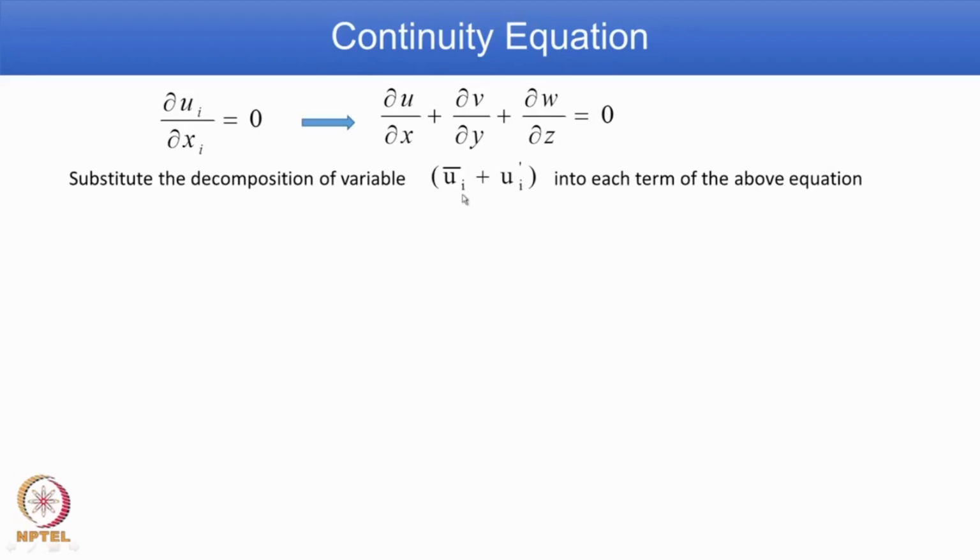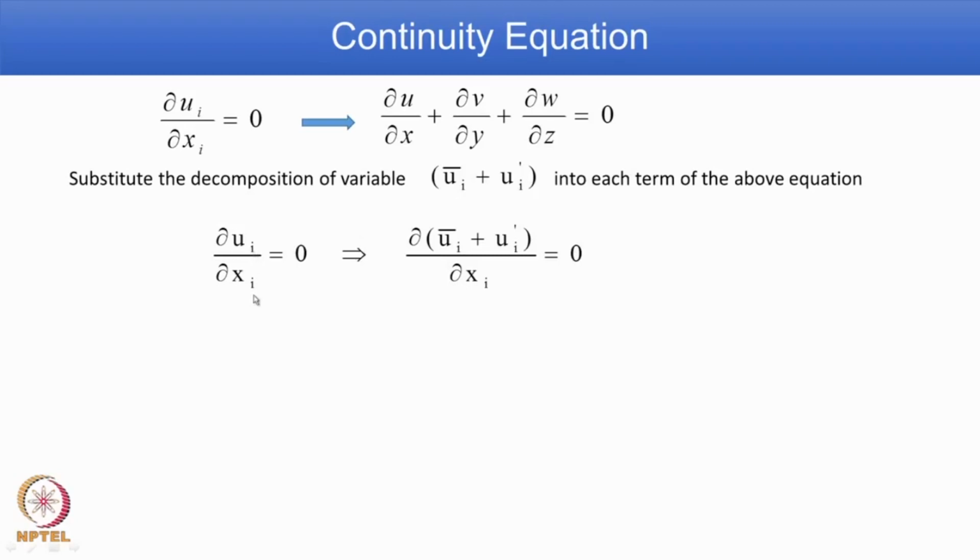Now, we use index notation. It means the decomposition is applied for any particular velocity component u, v, w. So, we substitute this decomposition concept into each term in the above equation, that is u, v, w. That is the meaning of using this index notation i.